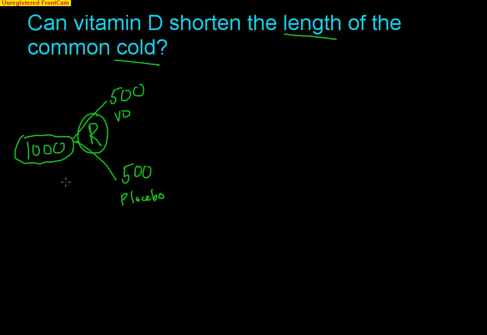That could work, or if you feel that that's hard to do, well, random assignment should put people that drink orange juice in both groups and people that don't drink orange juice in both groups. So again, that's the idea how random assignment and replication really can help get rid of some of those other variables that affect the length of the common cold.